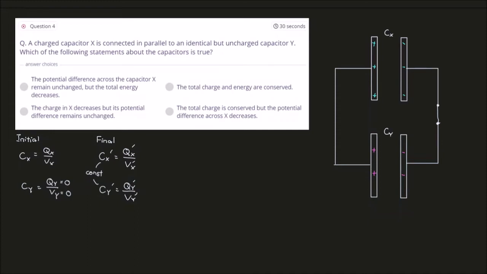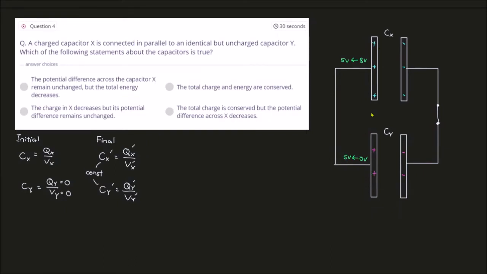Just a rough example, putting numbers in. Previously here it was 8 volts, and here it was 0 volts. When you connect the circuit here, the potential here will be decreasing until a point where both capacitors share the same potential for one plate. This one is for this side.